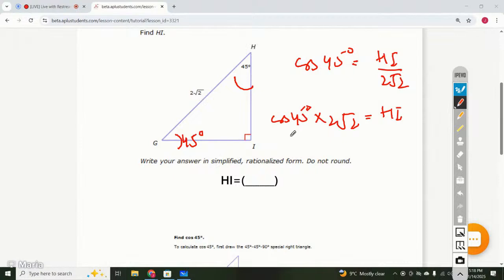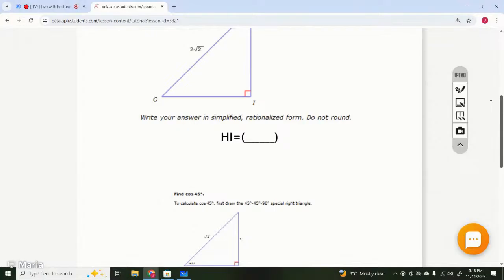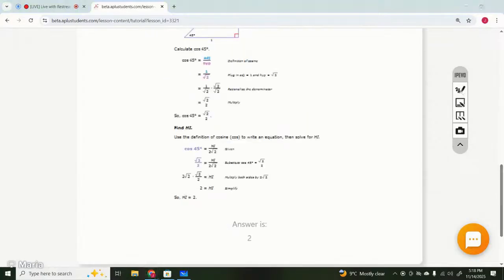That is 1 over square root 2 times 2 square root 2. Square root 2 and square root 2 cancel out. So the length of the HI is equal to 2. The correct option is 2. Got it? Let's just see. Yes, the correct option is 2. So HI is equal to 2.